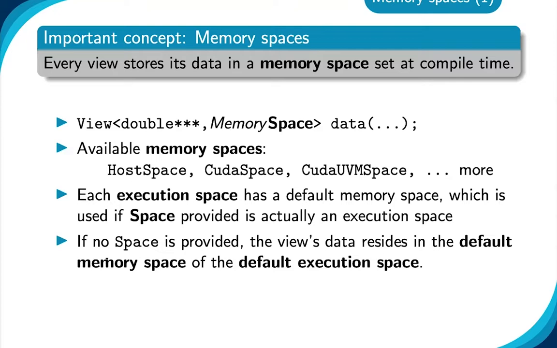We also have a couple of defaulted aliases: the Kokkos default execution space and the Kokkos default host execution space. So in many cases where you just have one type of accelerator and some kind of host, using those two will be enough to distinguish where to execute.